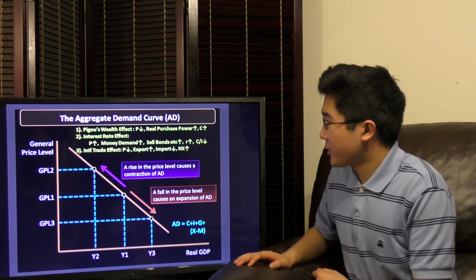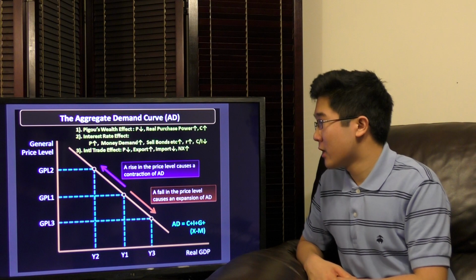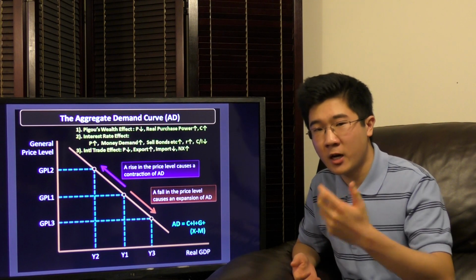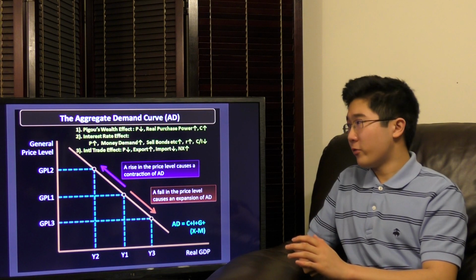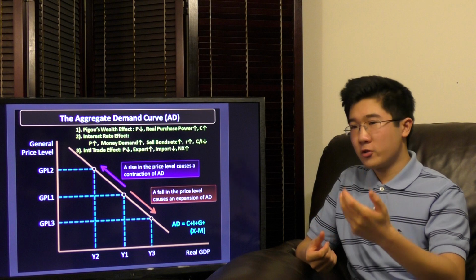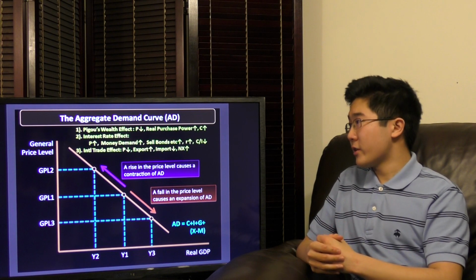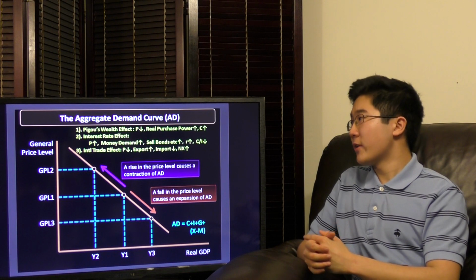The second we see here is the interest rate effect. The interest rate effect states as price increases, then of course demand for money increases because you need more money to keep up with the price level increasing. This results in the interest rate increasing, perhaps because more bonds are sold from households to raise cash, or other things similarly happening that cause the interest rate to eventually increase.